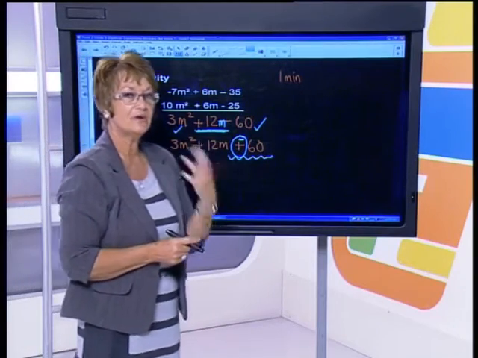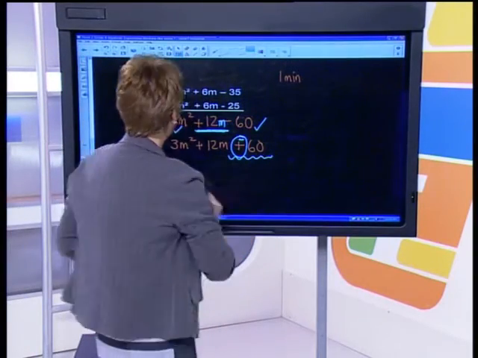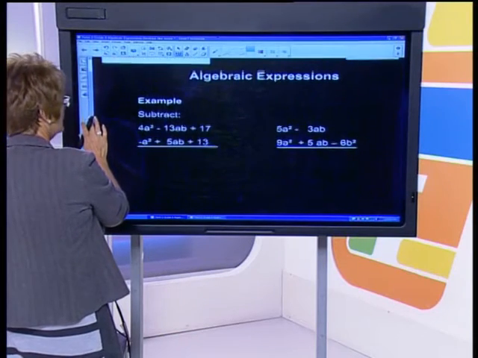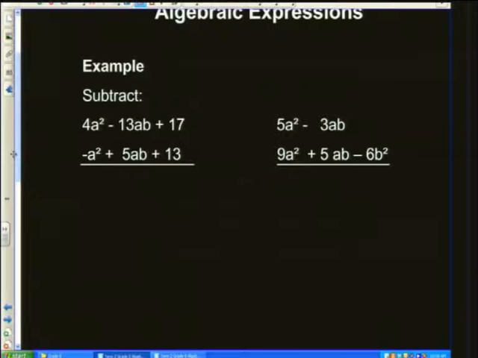How do we subtract when it's in column form? Check this. I can't just add. I can't say 4a squared minus a squared, because I need to subtract.